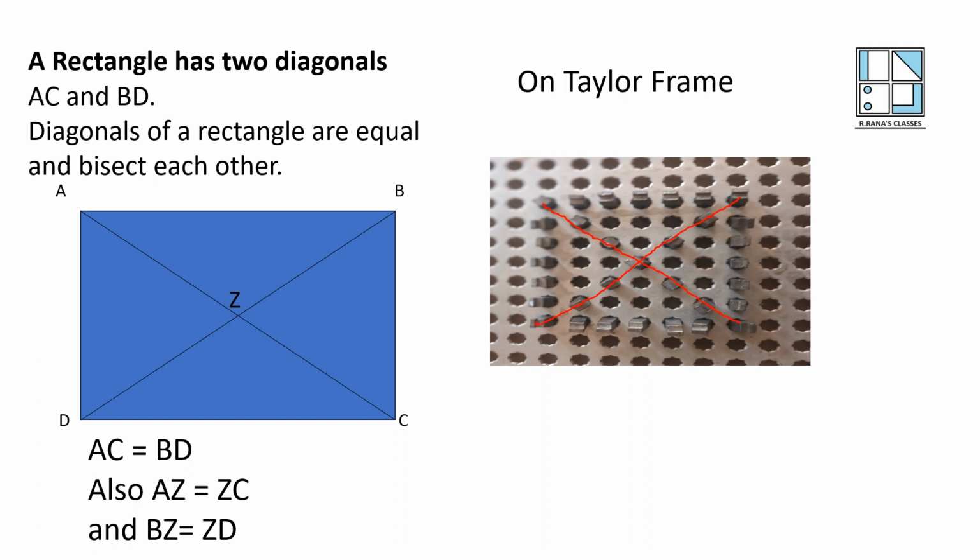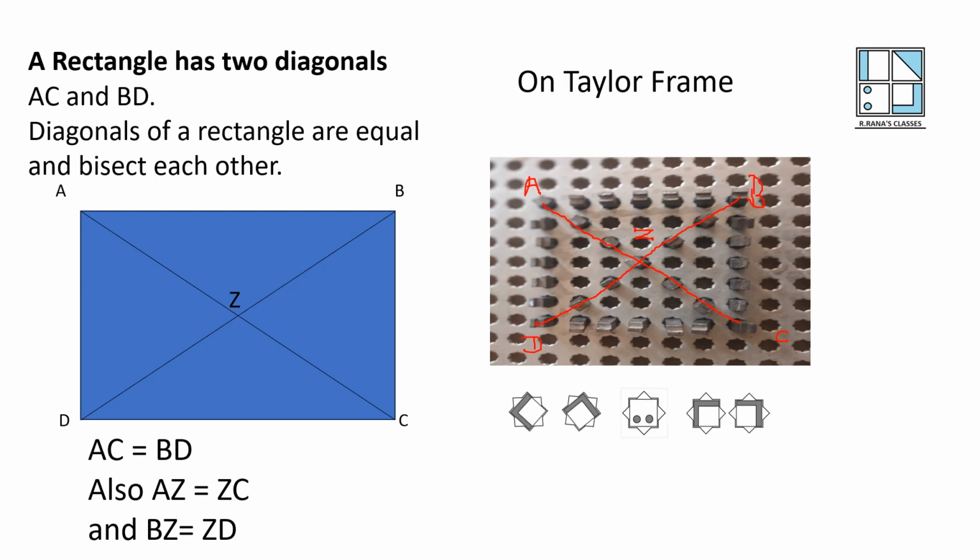Okay, this diagonal you can say is AC, and this diagonal is BD. And the point of intersection of the two diagonals is Z. You can explain it.